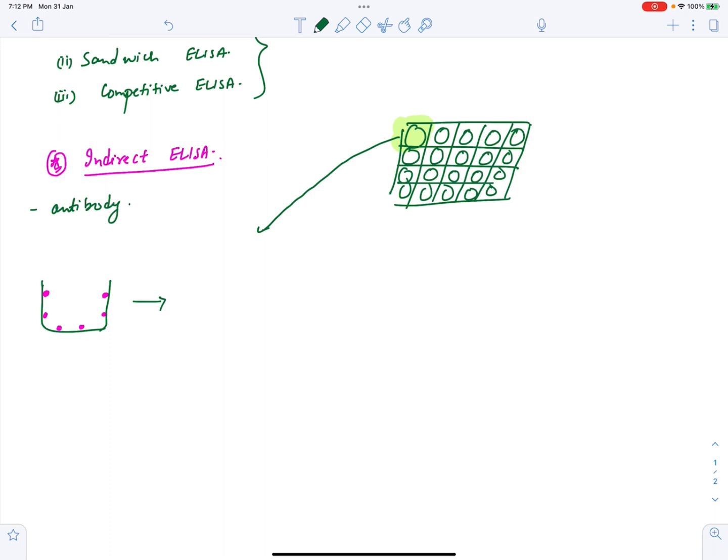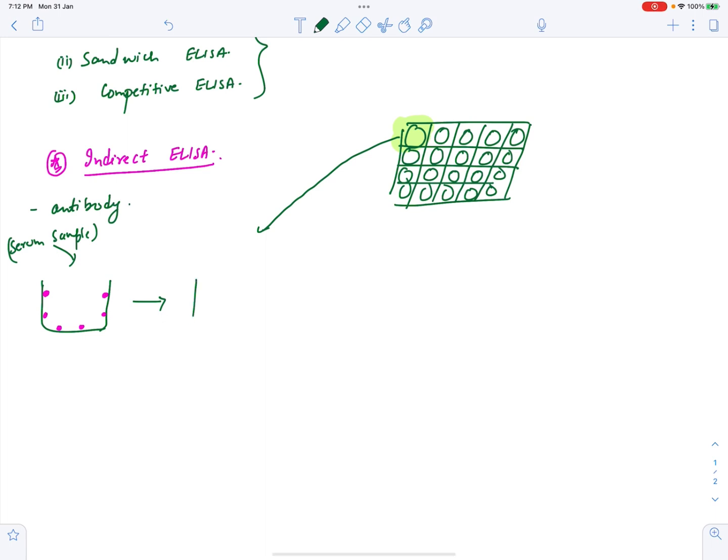In this well, obviously if you are detecting something, you would add a patient sample. If you add a patient's serum sample, it obviously contains the antibody which you have to identify.